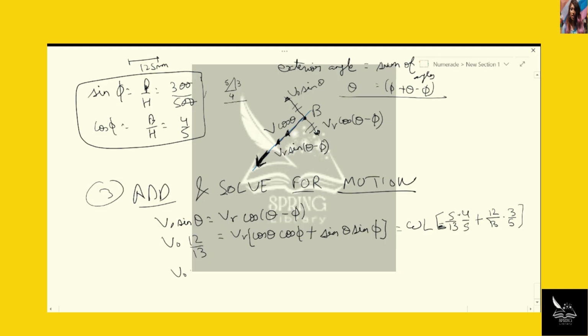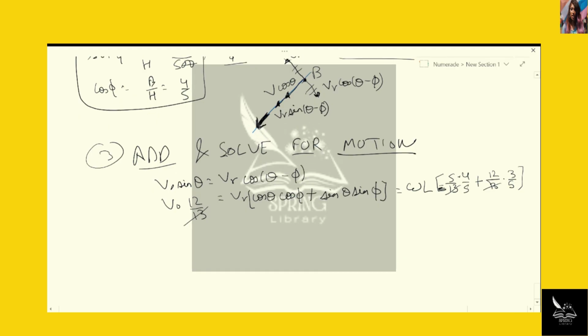So then finally V naught, 13 can cancel all the 13s in the denominator, and then we are left with 12 times V naught equals omega L. Then 5 cancels 5, and this number is 12, these are 36 over 5, so this is 7.2.